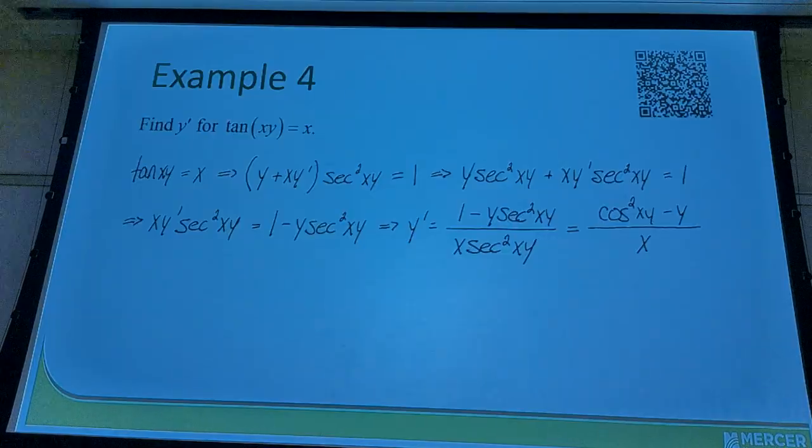Multiply numerator and denominator by cosine squared. Secant squared is 1 over cosine, right? That looks simpler. There's only one trig function instead of 2. And we've technically got rid of the compound fraction.